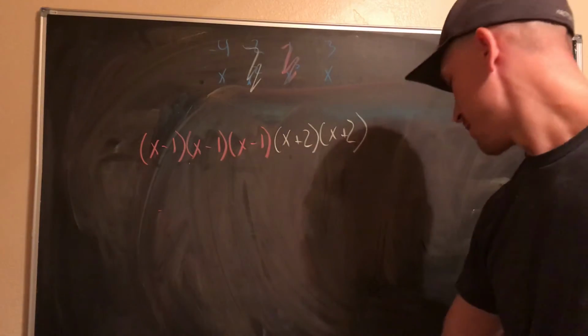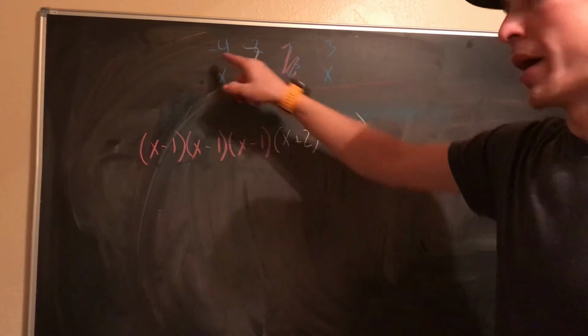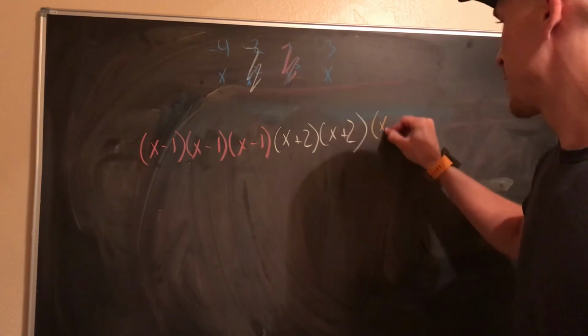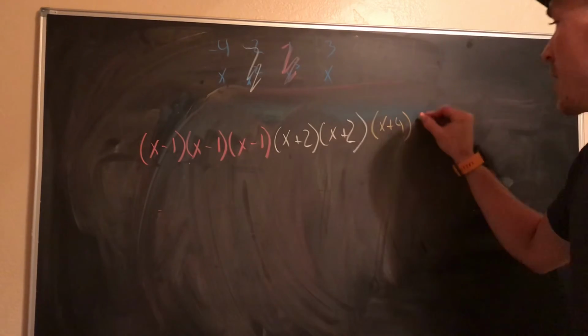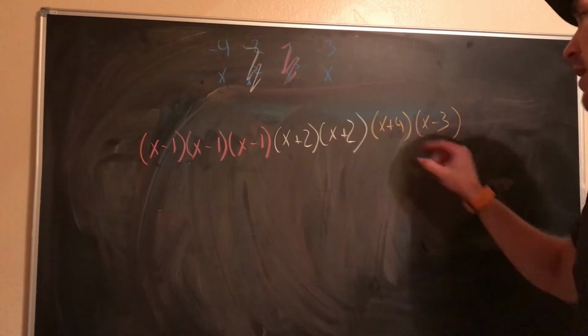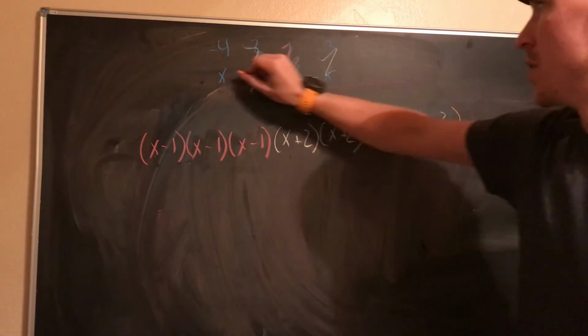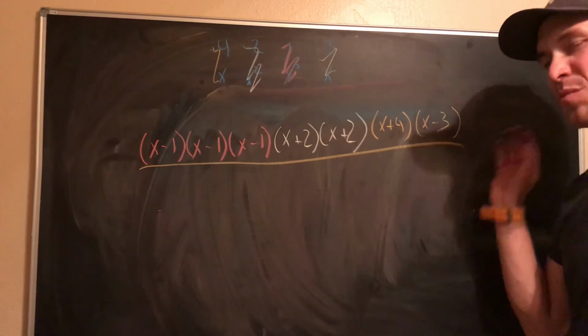It doesn't matter which one we do next. Let's do this one. That's a -4, so it's x plus 4. It's just a single, so we do it one time. And our last one, 3, is x minus 3. It's a single. That is what we're looking for. You take those and multiply them.